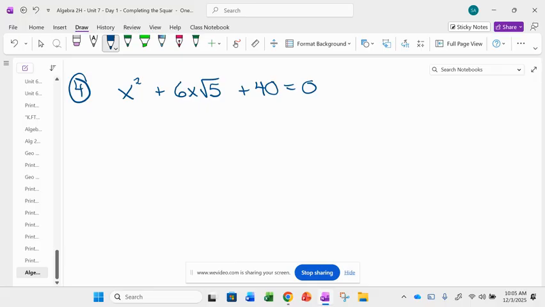We're going to go about this the same exact way. My first step is to move the 40 to the other side. And what I'm also going to do is make this 6 root 5 times x. So you recognize that the coefficient is the full 6 root 5. It's not just 6. Equals negative 40.